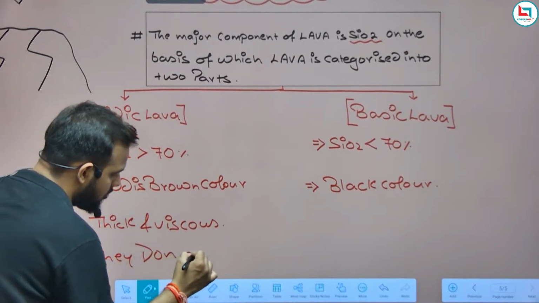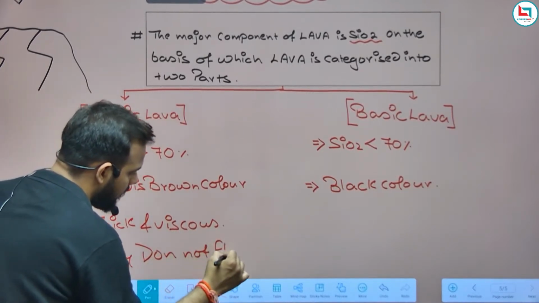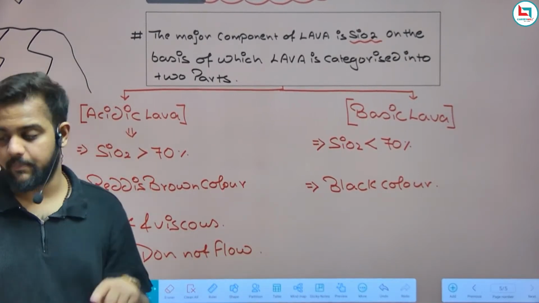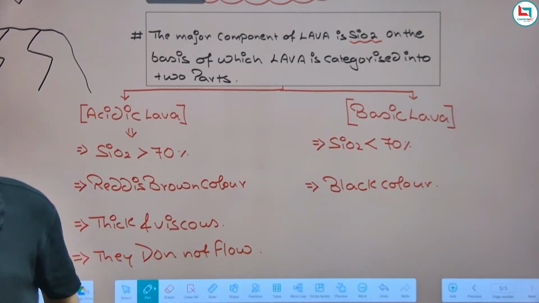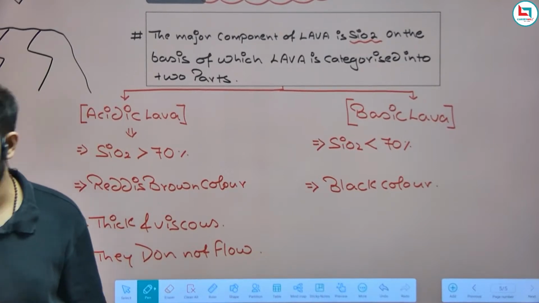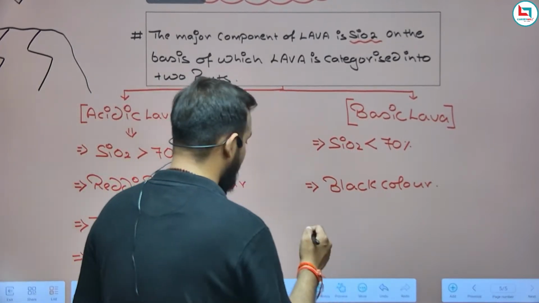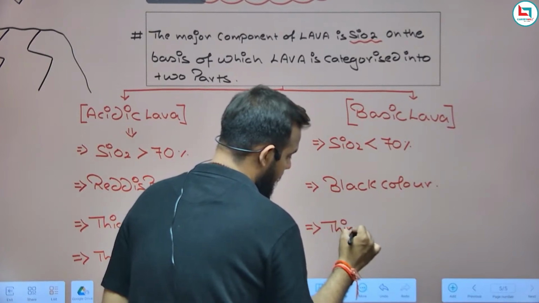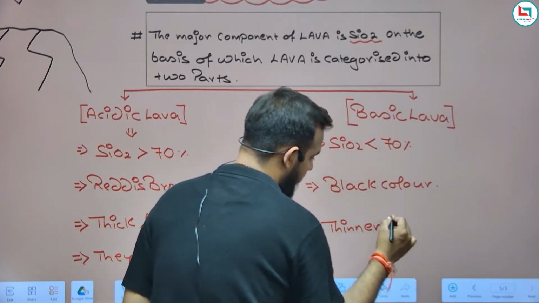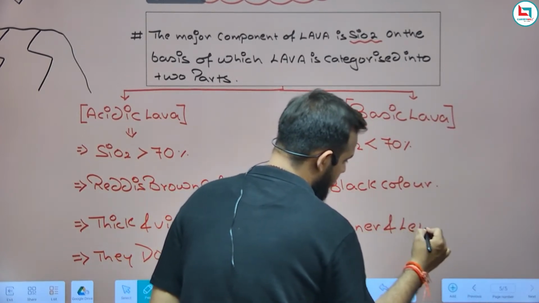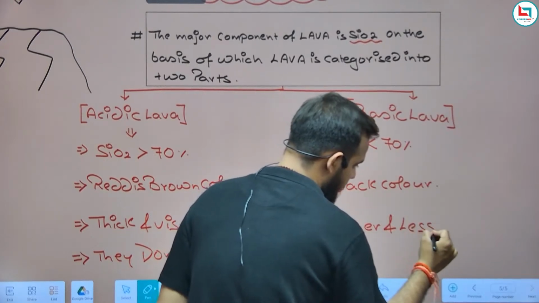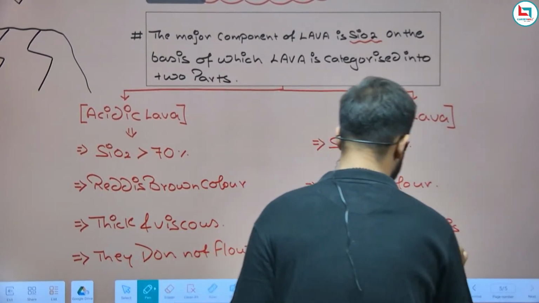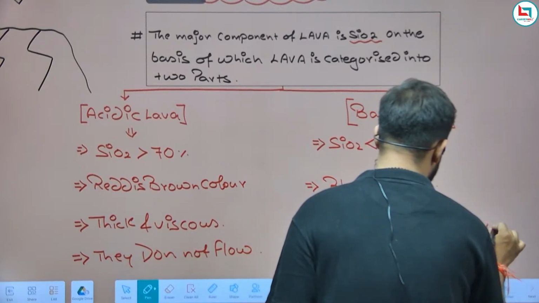When we talk about basic lava, it is thinner and less viscous.